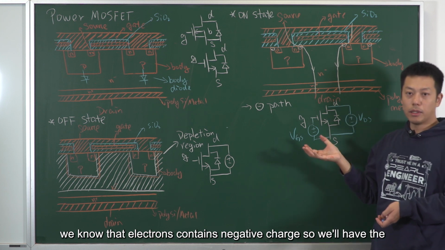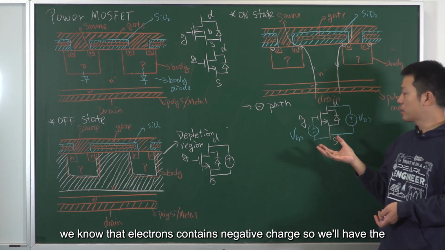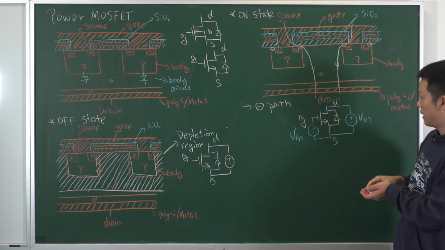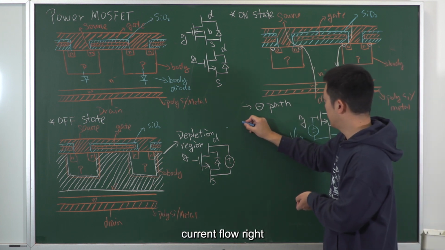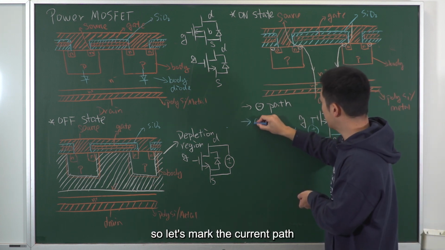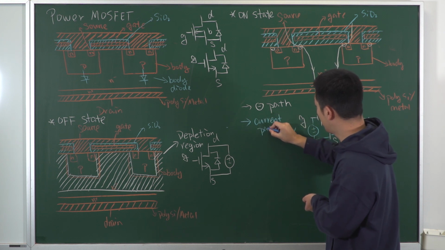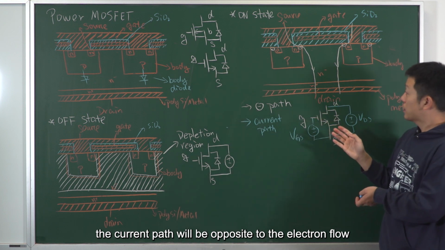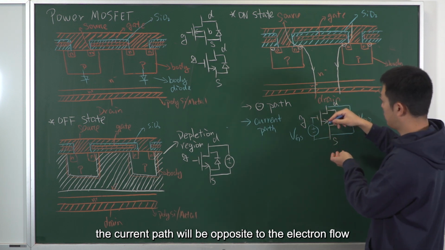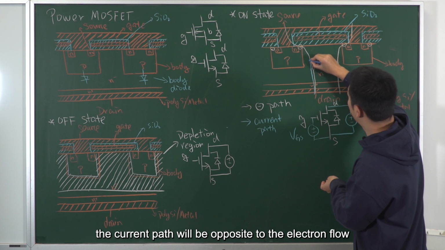We know that electrons contain negative charge, so we will have the current flow, right? So let's mark the current path. The current path will be opposite to the electron flow.